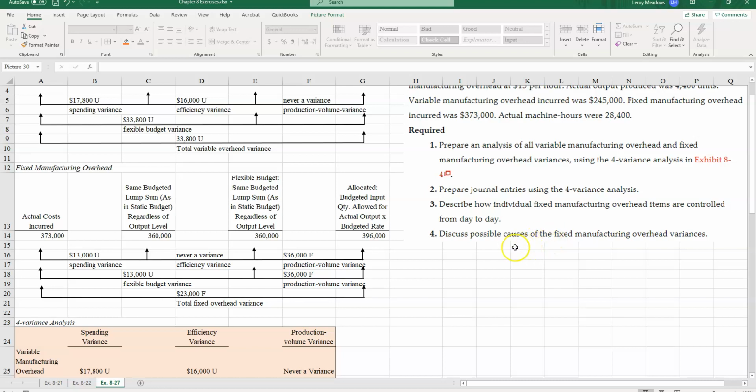Now, what could be causing fixed manufacturing overhead variances? Well, it's realized costs differing from budget amounts. So our actual costs are coming in higher. Now some fixed costs are going to be known. Why?